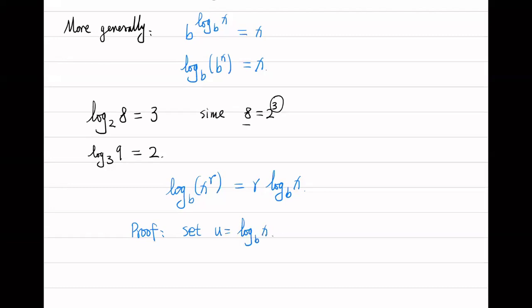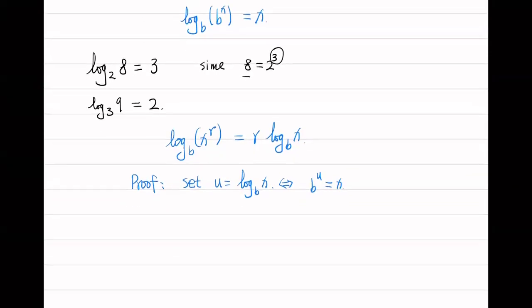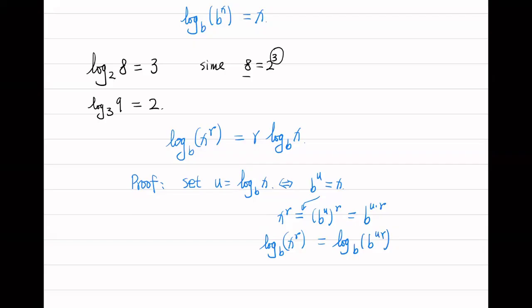By definition, this is the same as b to the u equals x. Then x to the r power. We plug in b to the u to the r, b to the u r. So if we take a logarithm, this is reduced to the previous case.